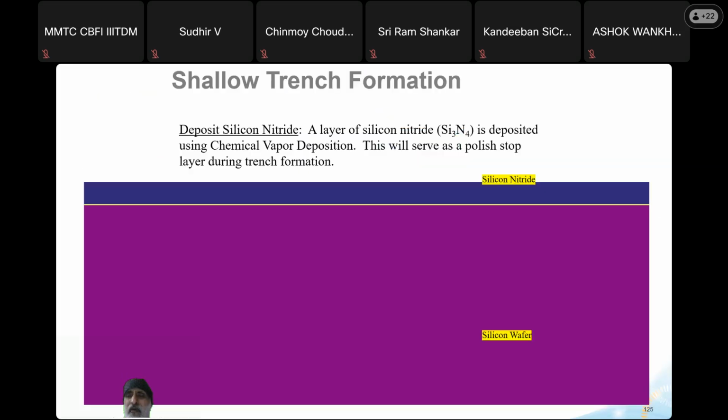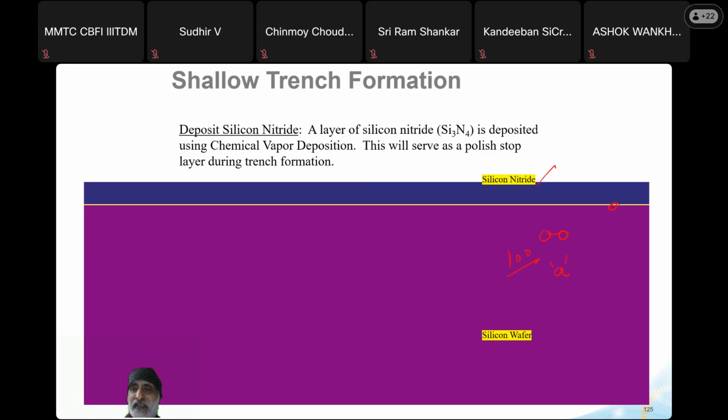So after this we will deposit, this is the yellow, we will deposit nitride, silicon nitride. Ammonia is used, it is Si3N4. I cannot deposit silicon nitride directly on silicon because there will be a lot of stresses developed. Silicon is a pure 100 diamond structure, and there is what we call atomic spacing, a lattice constant.